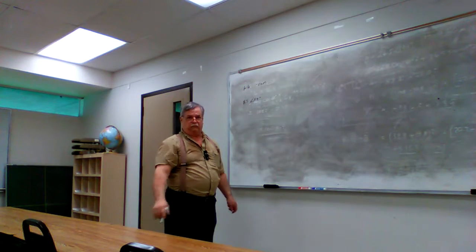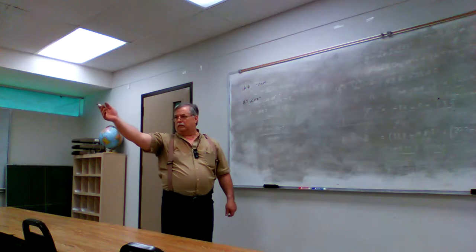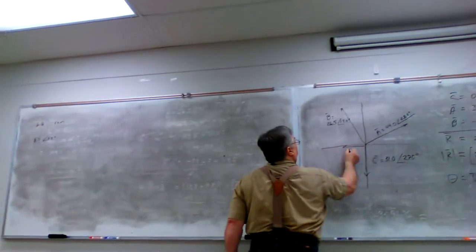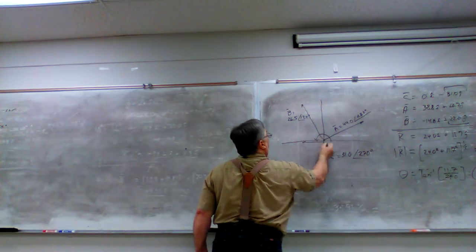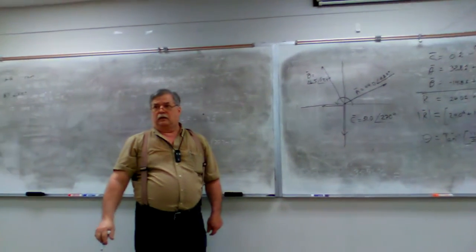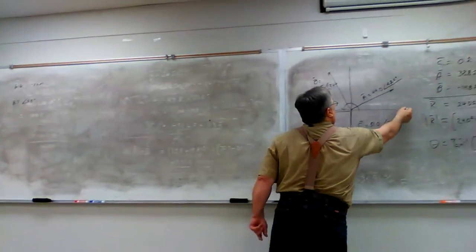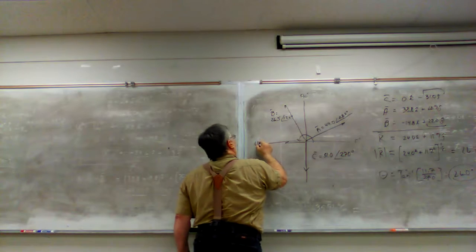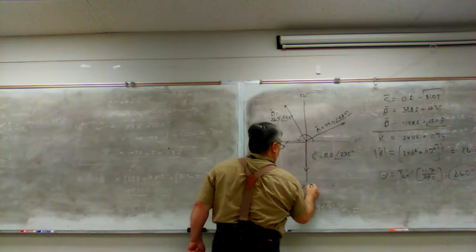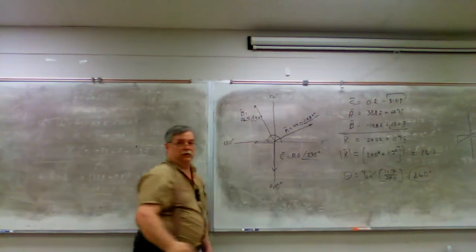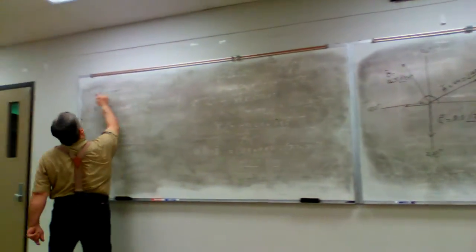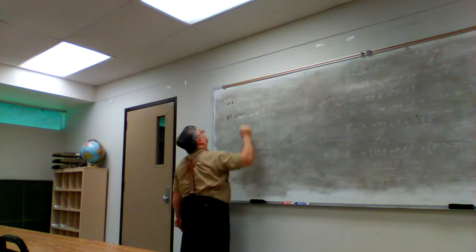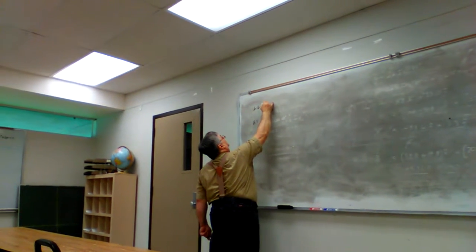What is that in polar form? Pointing this direction. What is that angle? 0 degrees, 90 degrees, 180 degrees, 270 degrees. So this is 6.6 at 180 degrees.